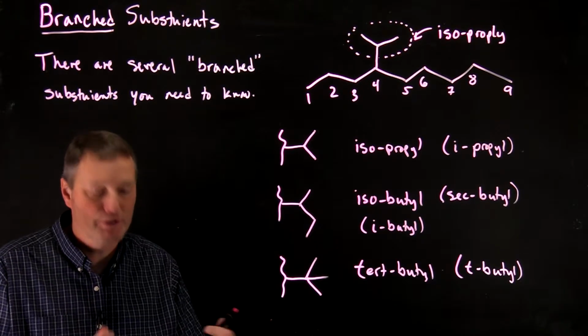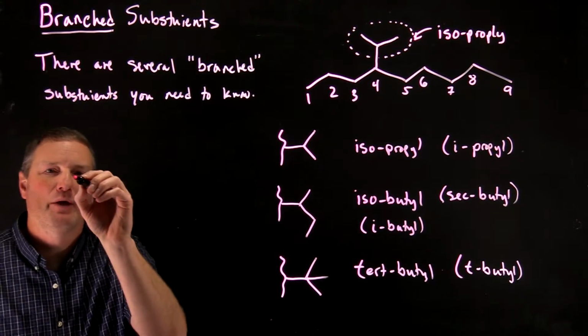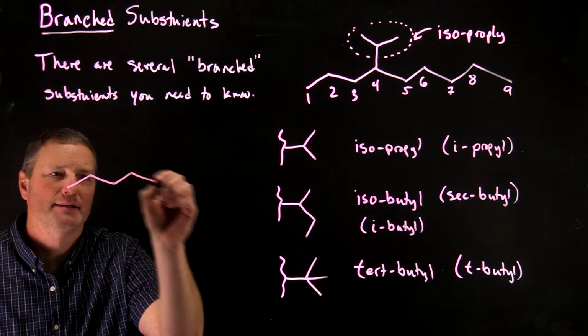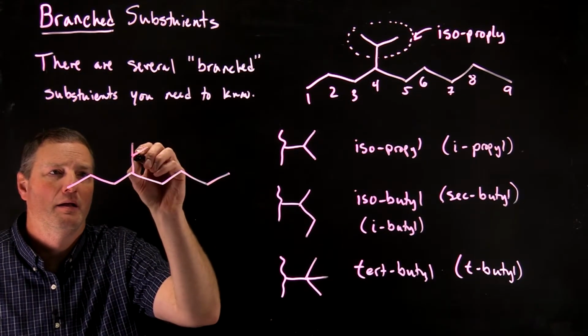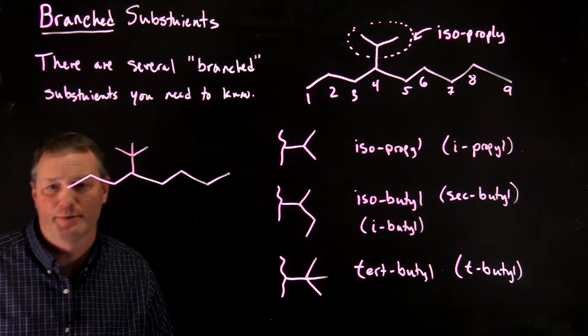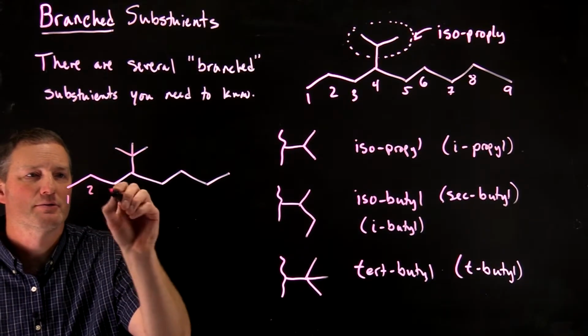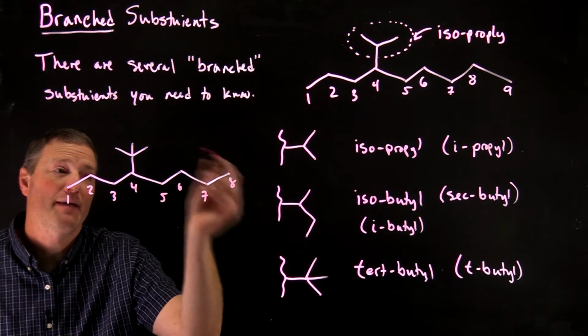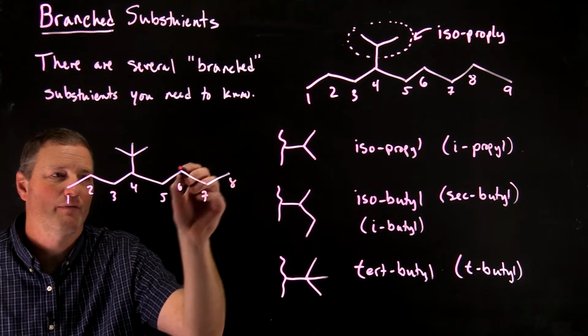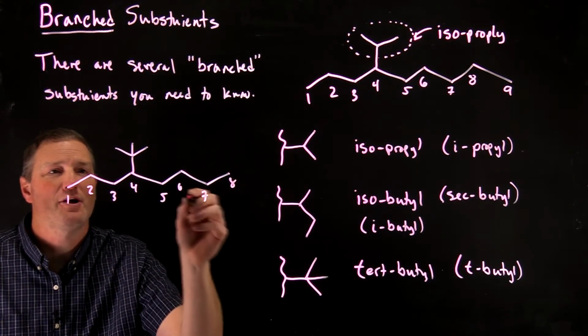And let's just do one simple example now where we have one of these. So let's name this particular compound. Again, numbering 1, 2, 3, 4, 5, 6, 7, 8. Let's verify that is the longest chain. 1, 2, 3, 4, 5, 6, 7. Okay, yeah, so this is the longest chain.